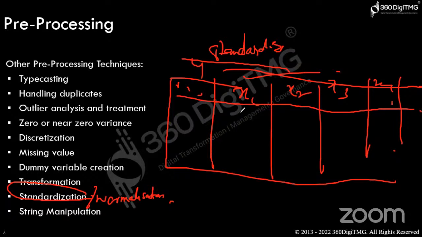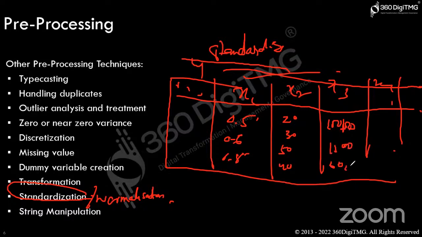In the data frame, x1 has a column with something like 0.5, 0.6, 0.8. Here you have 20, 30, 40, then 10,000, 15,000, 6,000, 60,000, and here 1, 2, 5, 6.